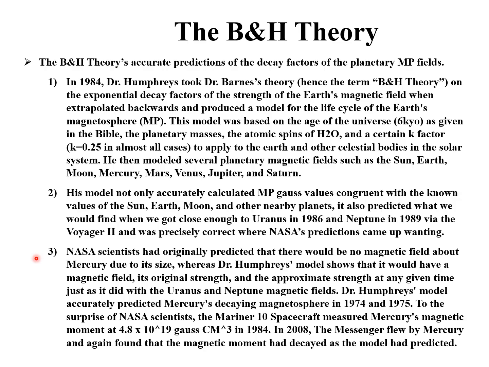I don't think that's right. I think I carried that over. I think that's like 18 or something like that. I'll have to correct that. In 1984, and then in 2008, the Messenger flew by Mercury and again found the magnetic moment had decayed as the model had predicted.